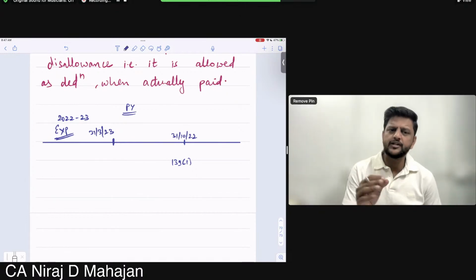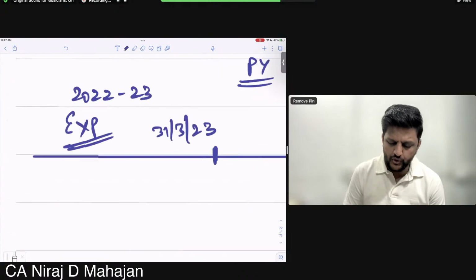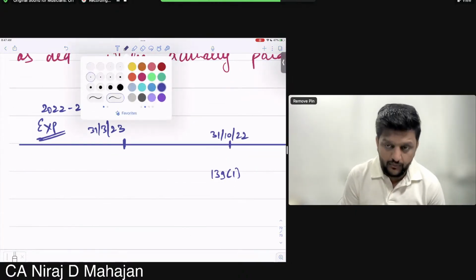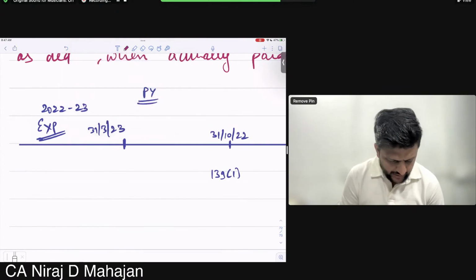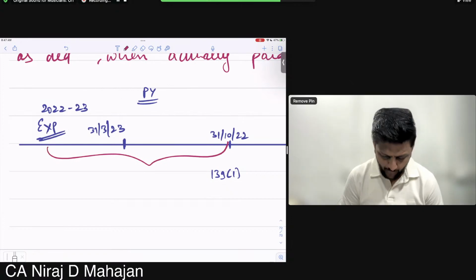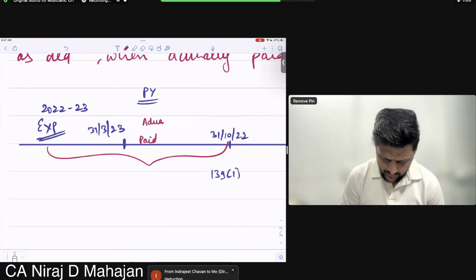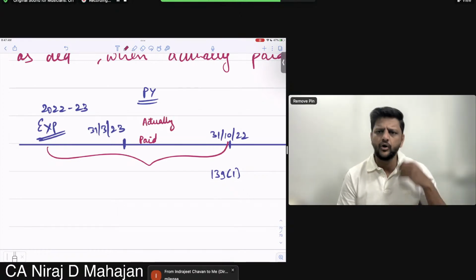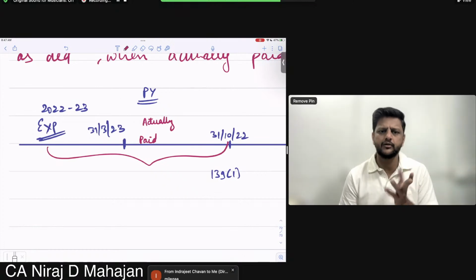Now, the expenditure is booked in this year, 22-23, maybe as provision entry also. Please understand, very important now. If it is paid from this period, that means actually paid. Provision made in the current year or P&L debit in the current year, paid in the current year, best, no problem.